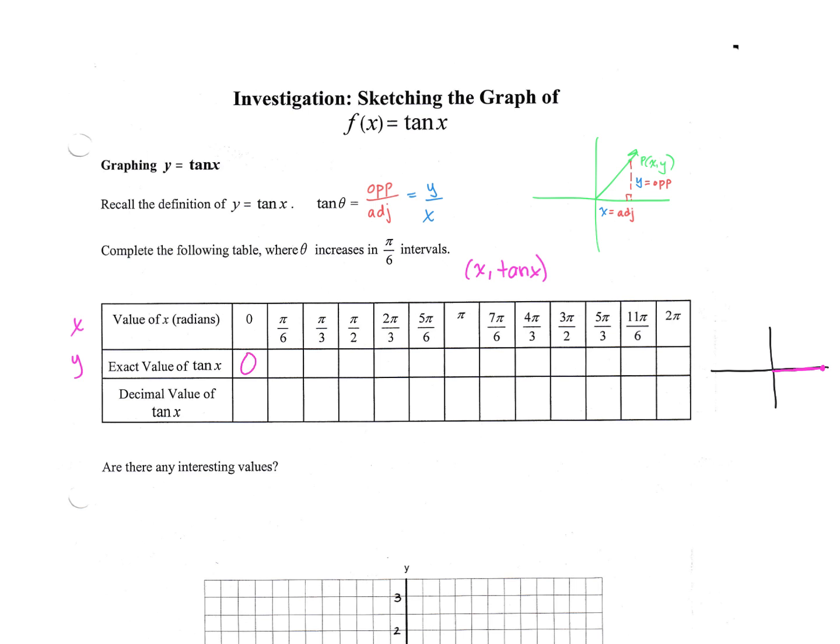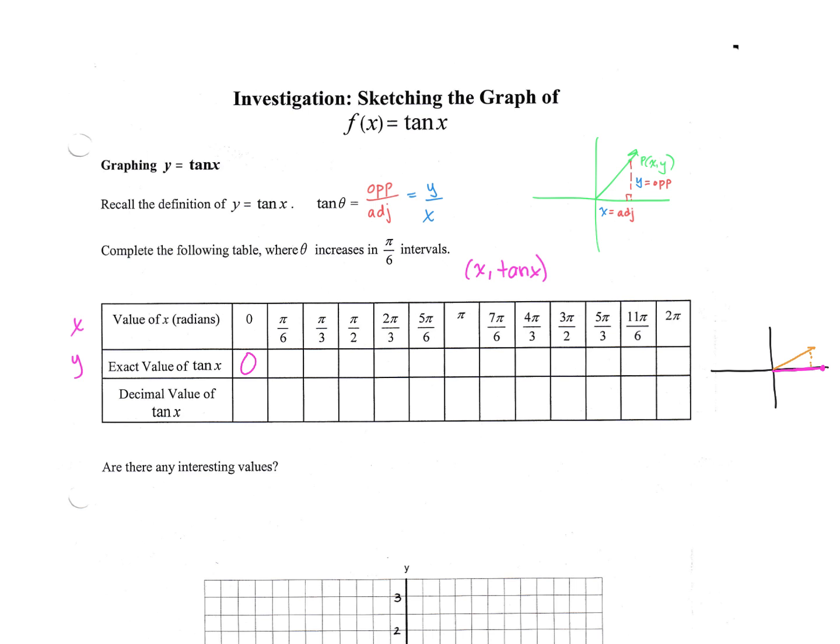If I start to rotate, so if I rotate to pi by 6, you'll notice my opposite side is starting to get a bit bigger. My adjacent side is starting to get a bit smaller. So my number on top is getting bigger, my number on the bottom is getting smaller, so we're starting to have a slightly bigger number.